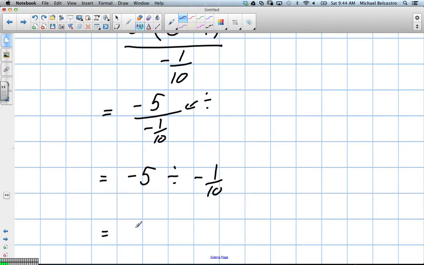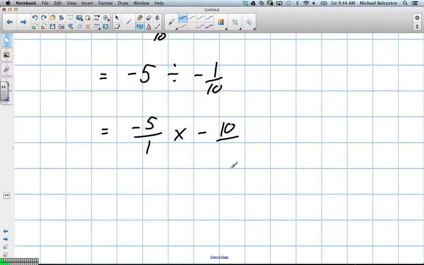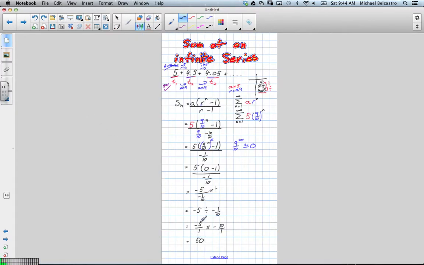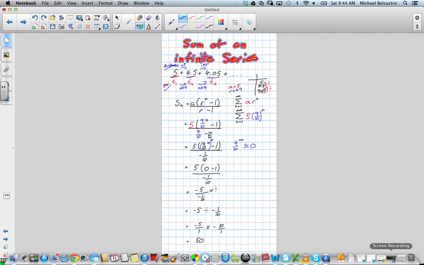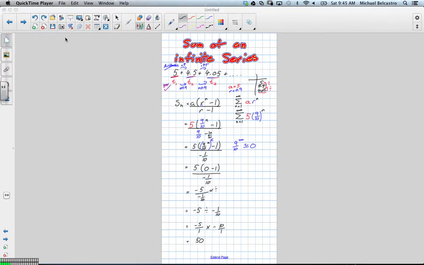So negative 5 over 1 times negative 10 over 1. Negative 5 times negative 10 is going to be positive 50. So the sum of this series is a value of 50. And that's how we built the equation from the actual values in the series.